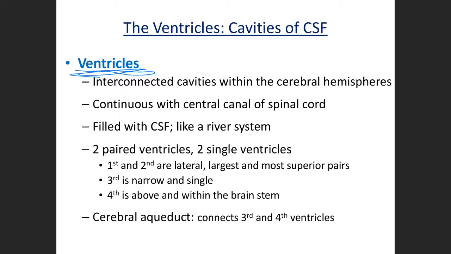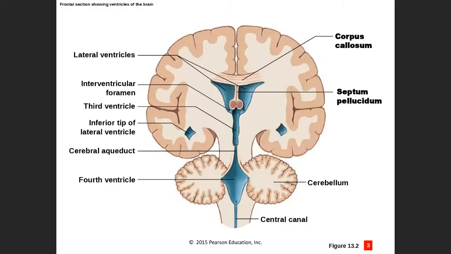You don't need to know all that much here with regard to the ventricles, but I do want you to know that the cerebral aqueduct is going to connect what is called the third and fourth ventricles, and it's going to be a very large area in which you have a confluence of cerebrospinal fluid reaching. And you can see here where that cerebral aqueduct is.